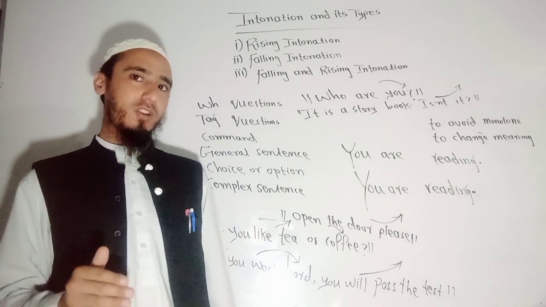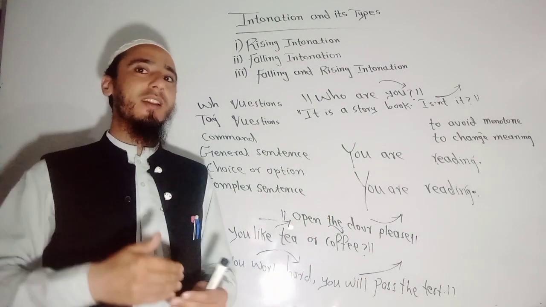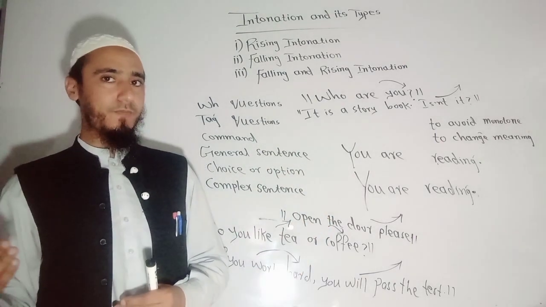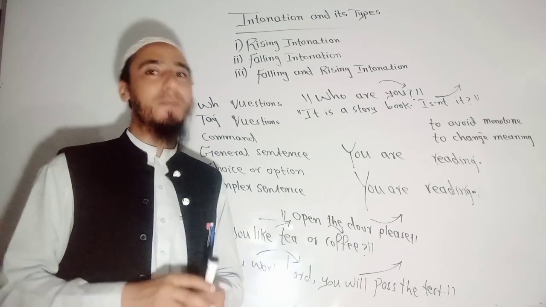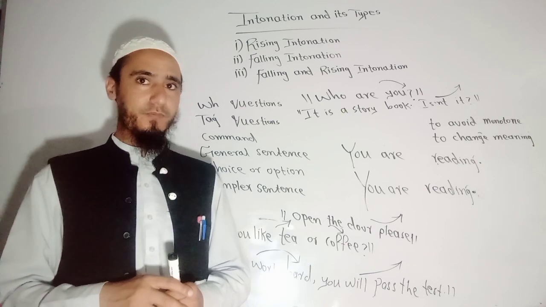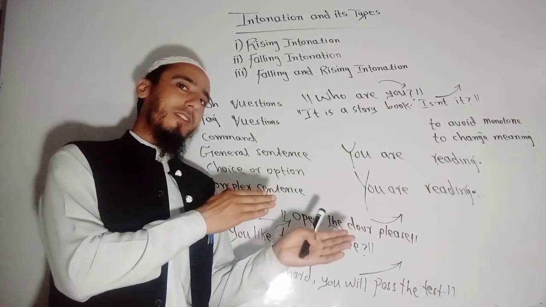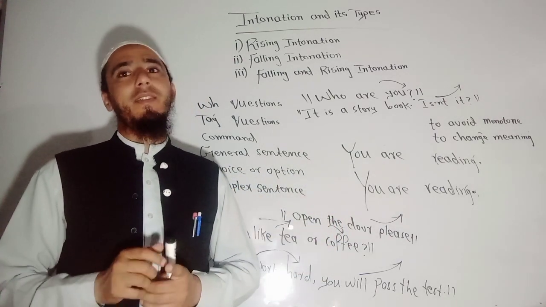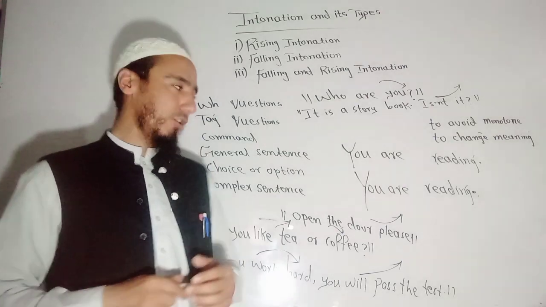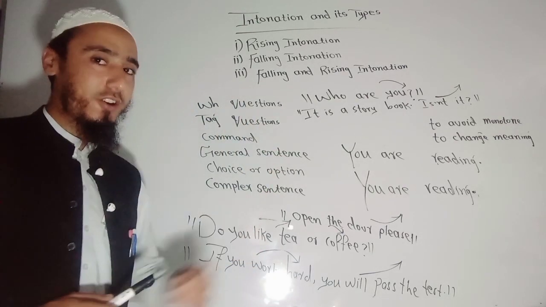One is rising intonation: whenever our voice rises in speaking, it is rising intonation. Falling intonation: when our voice falls in speaking, that is falling intonation. And rising and falling means whenever our voice goes up and down in speaking, that is known as rising and falling intonation, which I shared with you with clear-cut examples.